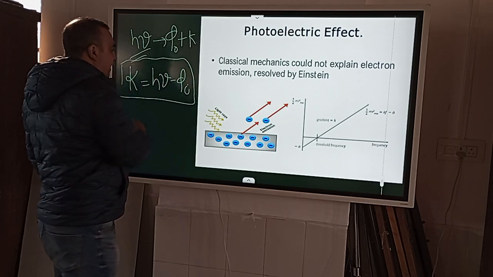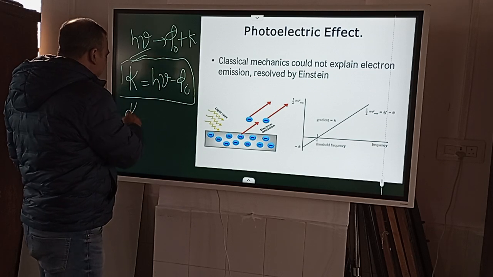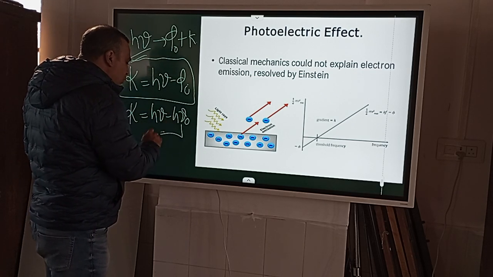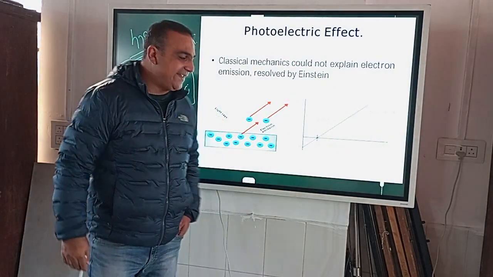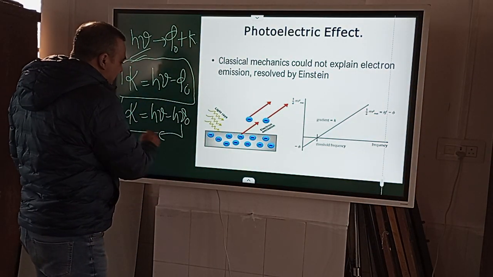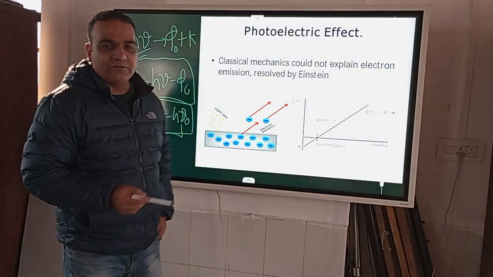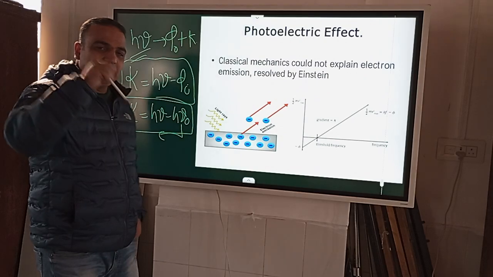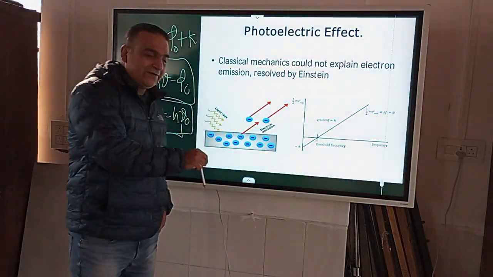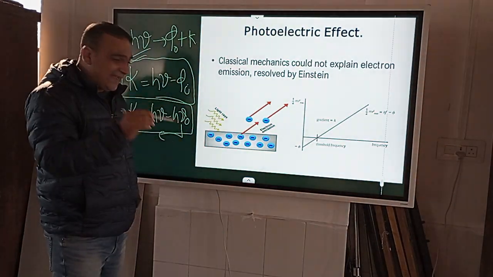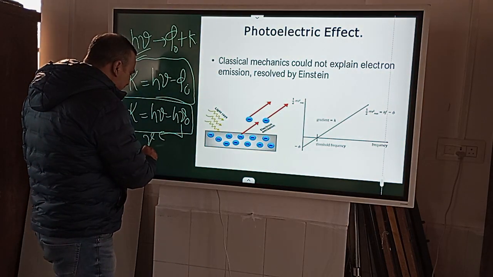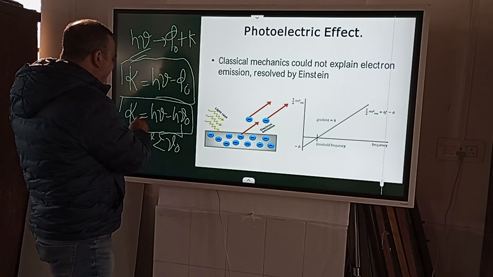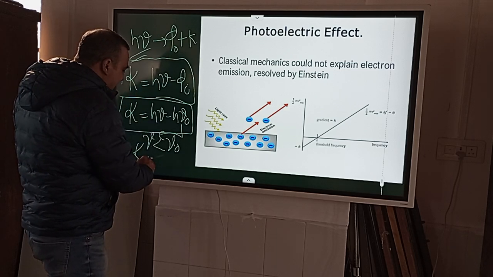So if we write down this kinetic energy as h nu minus h nu naught, where nu naught is the threshold frequency, this equation explains everything about the photoelectric emission. We can easily see that if the photon falling on this material has nu less than nu naught, then you will have kinetic energy as negative.